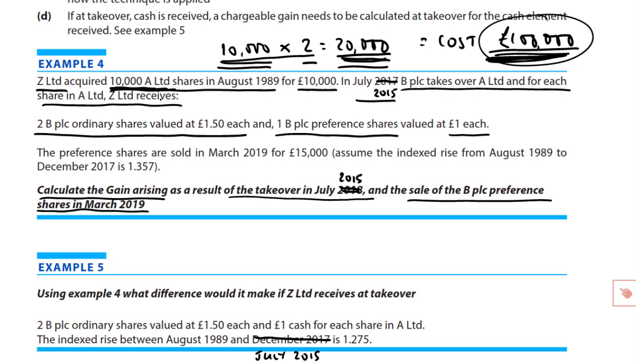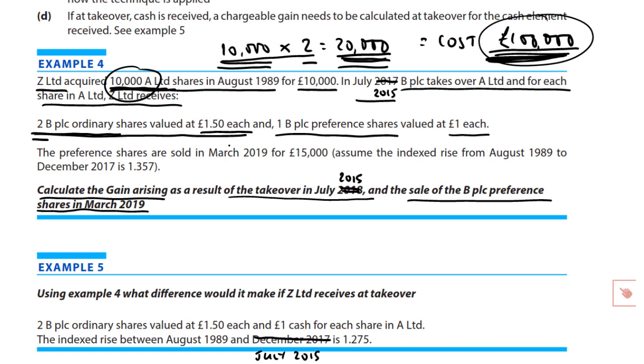10,000 A Limited shares. For each such A Limited share, we received 2 B plc ordinary shares. 10,000 times 2 is 20,000 shares, valued at £1.50 each. 20,000 at £1.50, you put that in to your market value column.